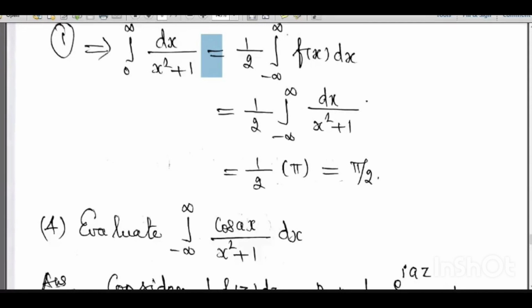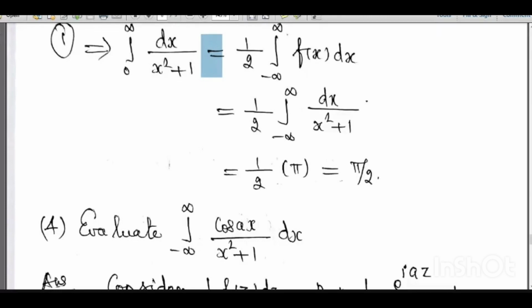So the remaining things will be easy, but you have to keep two things in mind. First one is minus infinity to plus infinity. This is type 2. If minus infinity to plus infinity is given, no problem, we can solve directly. But if 0 to infinity is given, you have to write the integral from 0 to infinity of f of x dx equal to 1 by 2 times the integral from minus infinity to plus infinity of f of x dx.